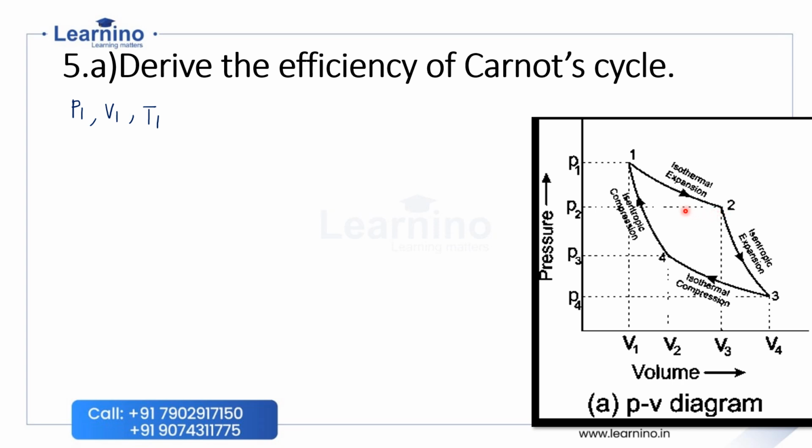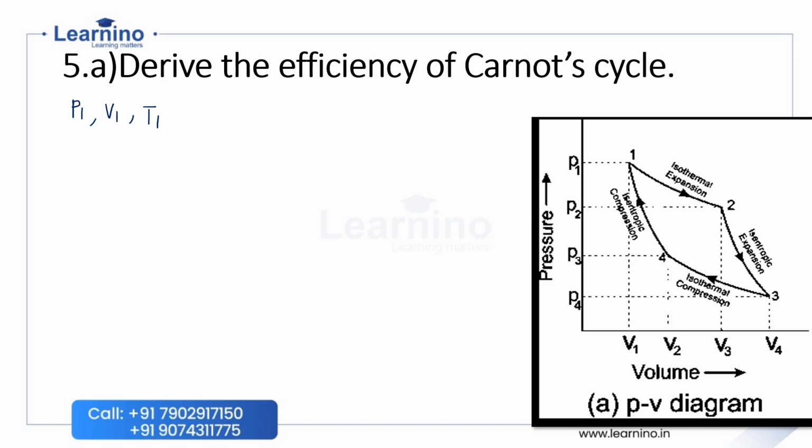This process is represented by 1, 2 in my PV diagram. Okay, during this process heat is absorbed from the hot body and an equal amount of work is done by the air. And at state 2 the source of heat is removed and air is allowed to expand adiabatically till state 3.